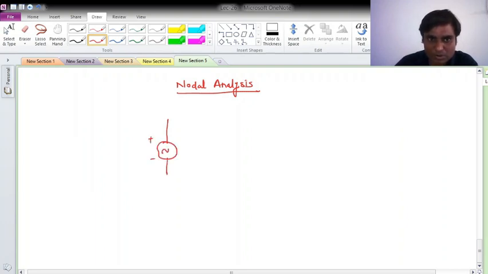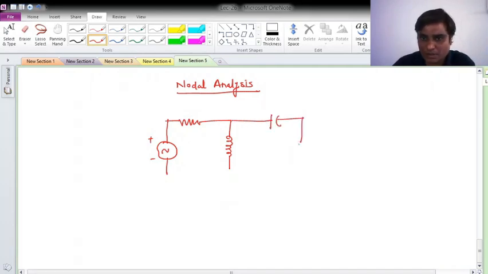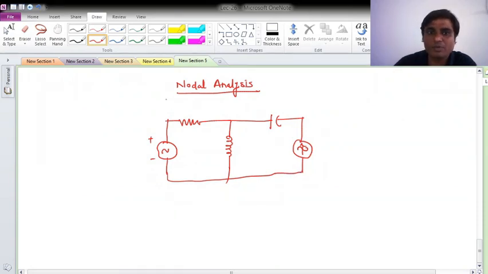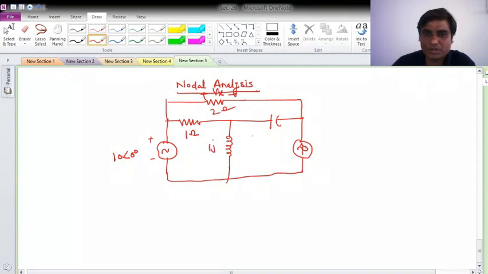Say voltage source, then there is a resistor, then inductor, then capacitor, then the AC current source, and one more branch with a resistor, 2 ohm numerical value we have taken. I am interested to get this Vx, and these are my polarities. For this is given 10 angle 0 degree. This is 1 ohm, j, minus j.